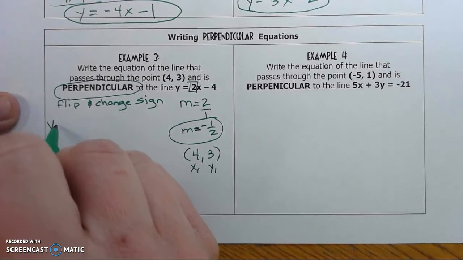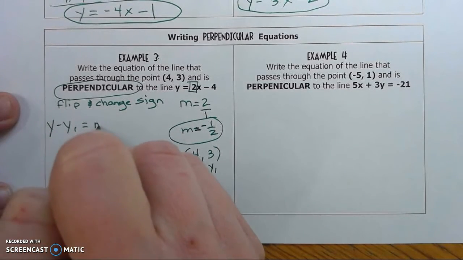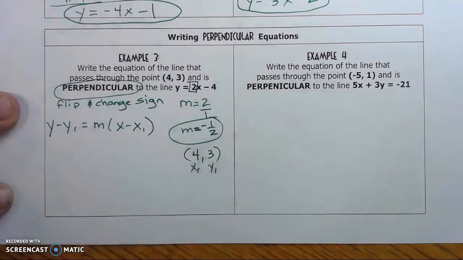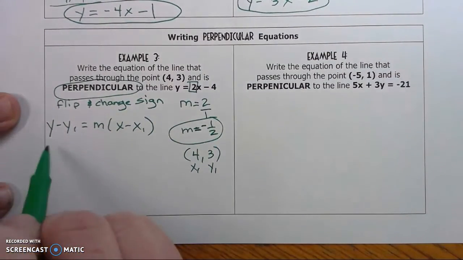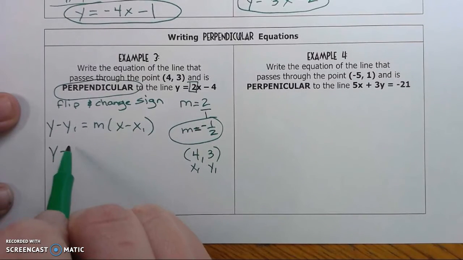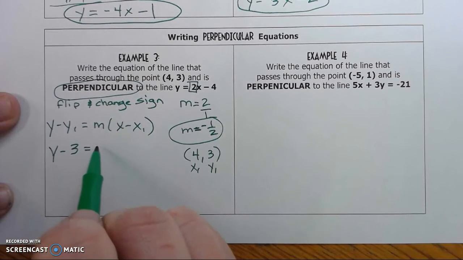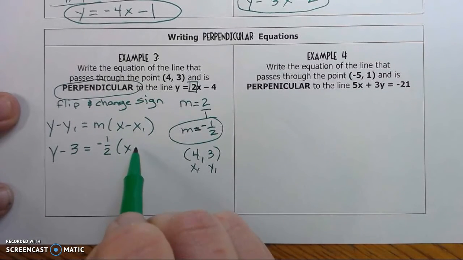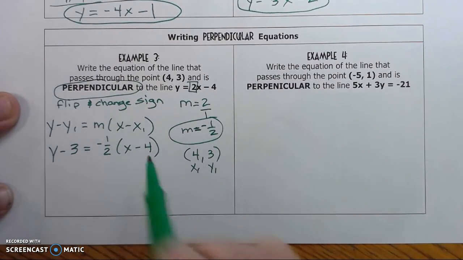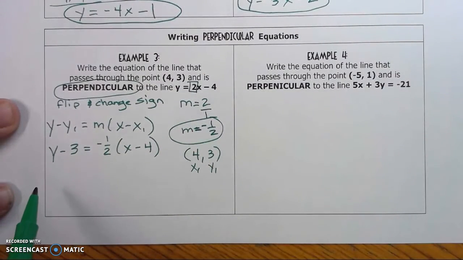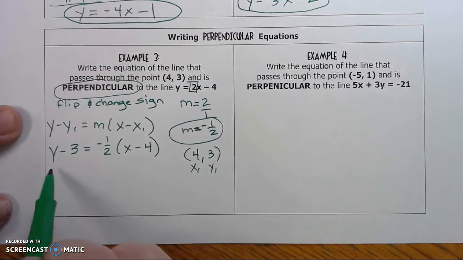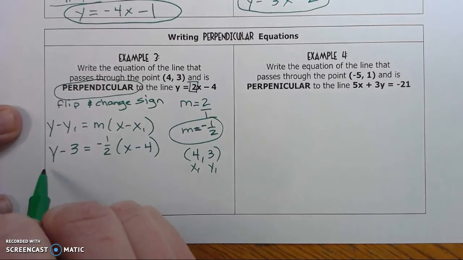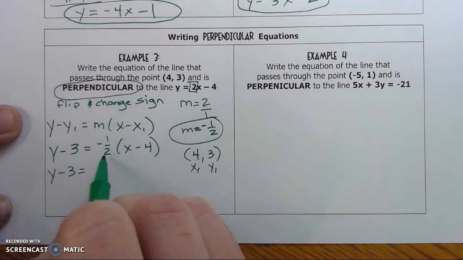Then I can write my equation, y minus y1 equals slope times x minus x1, and begin to plug things in. So y minus y1 is 3 equals slope is negative 1/2 times x minus x1 is 4. Okay, so then I'm going to have y minus 3, and I'm going to distribute.